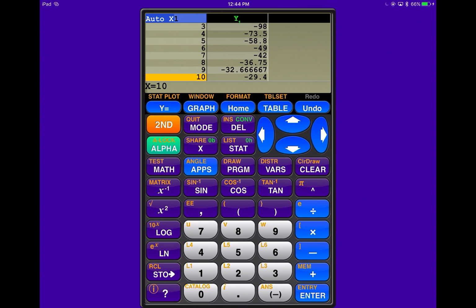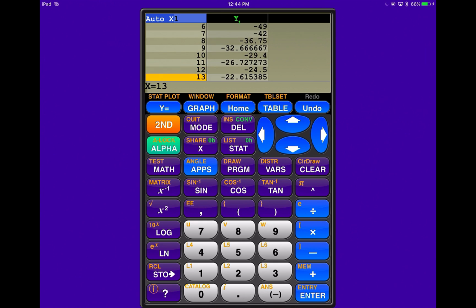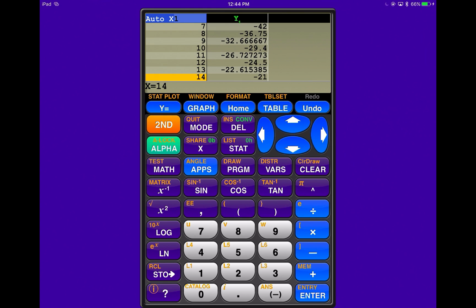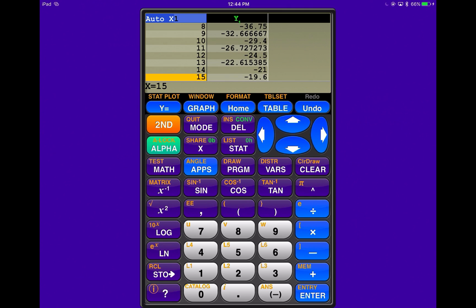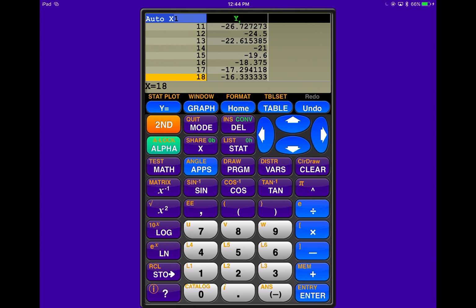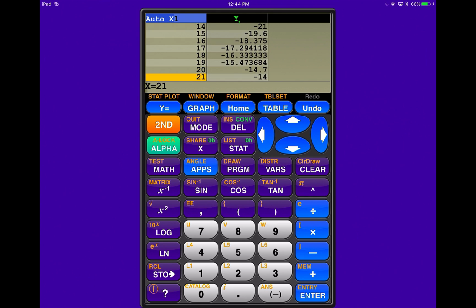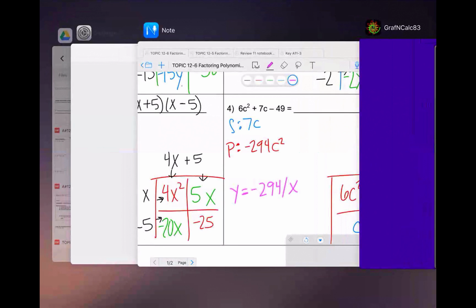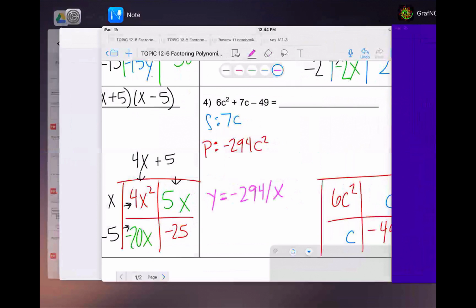Not a whole number. 14 and negative 21 would be negative 7. Still looking for whole numbers. Oh, how about 21 and negative 14? 21 minus 14 would be 7. So I'm going to have a positive 21 and a negative 14.